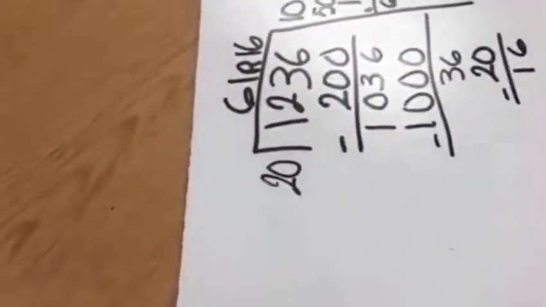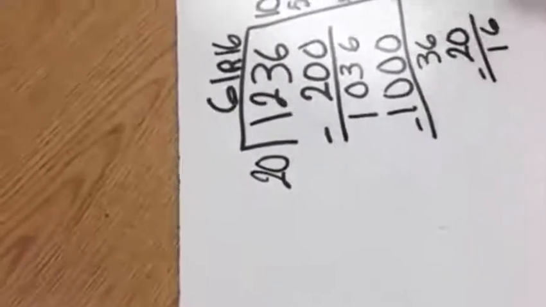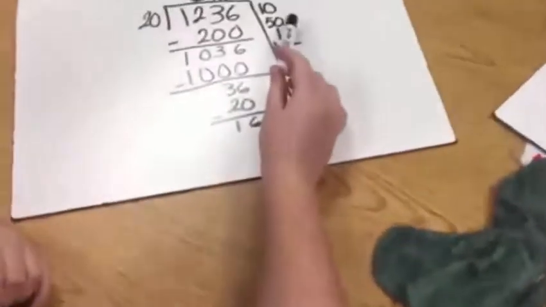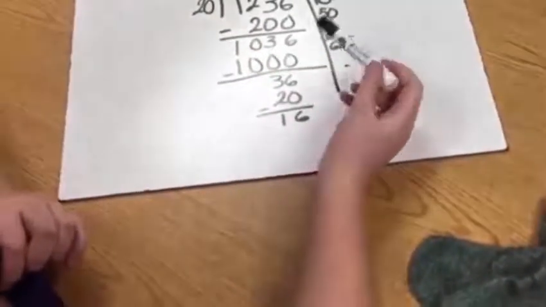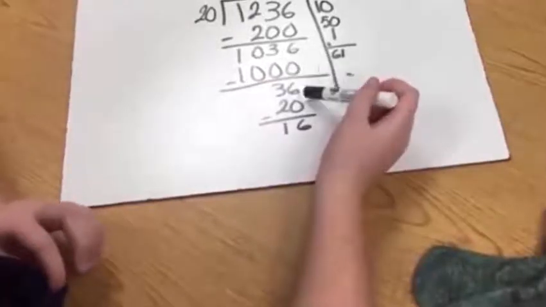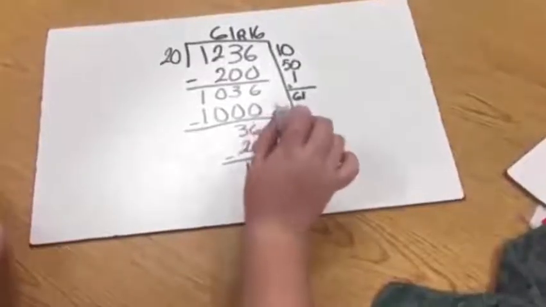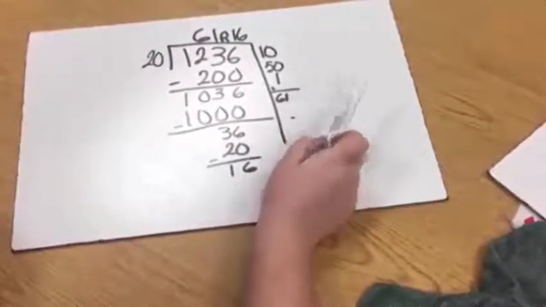So what I did was I started with 10 and I got 200 and then minus that got 1036. Then I multiplied 50 times 20 and got 1,000 and then subtracted that and got 36 and then did 1 and that was 20 and then subtracted that and got 16.